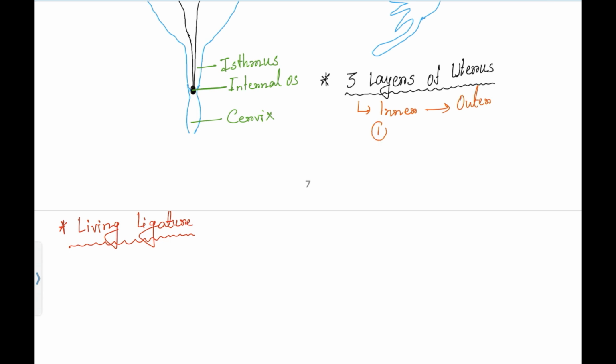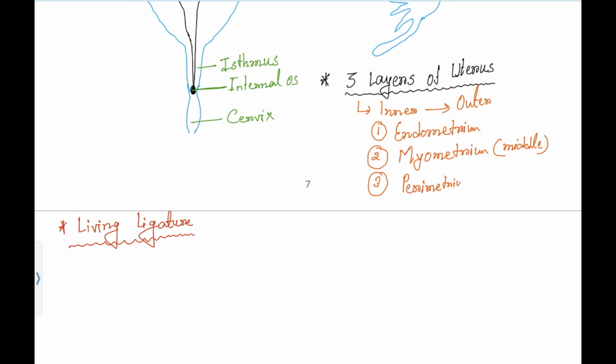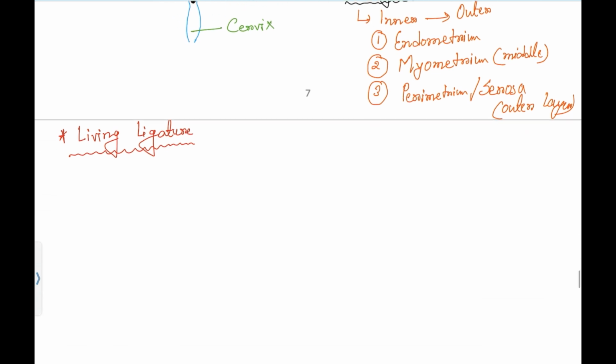Inside the uterus, the innermost layer is the endometrium. Then the second one, the middle portion, is called the myometrium, a very strong layer. And the third, the outermost portion, is called the perimetrium, or serosa. Okay, this is the outer layer. So these are the layers of the uterus.